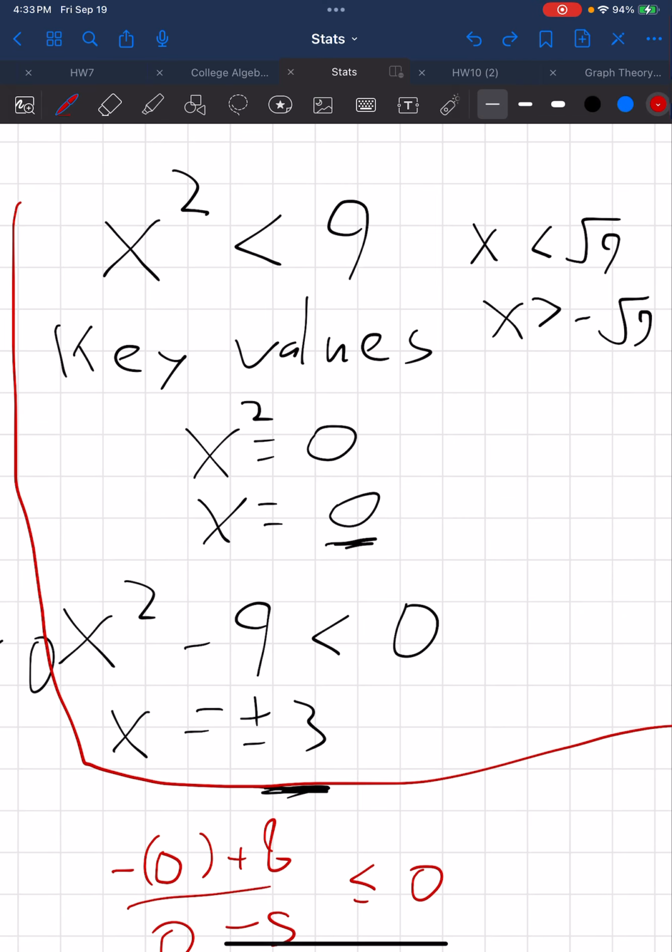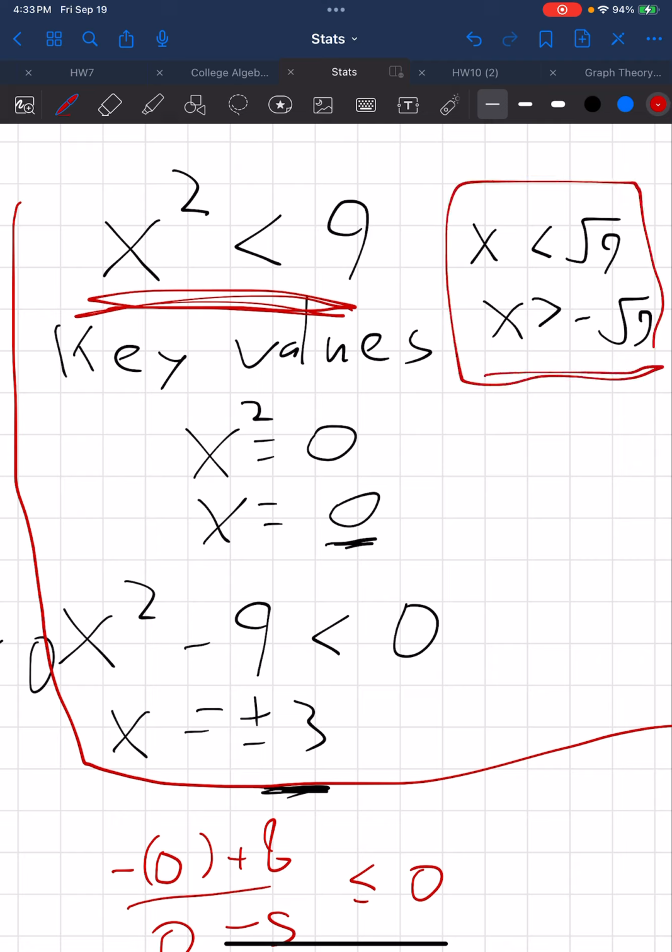if we look at this expression, we kind of have an intuition about taking the square root gives me 3, and in fact this is a very valid approach. But the issue is if I just looked at it how it is, I might think my key values happen when x squared is equal to 0, which gives me x equals 0, and those are absolutely not the key values.